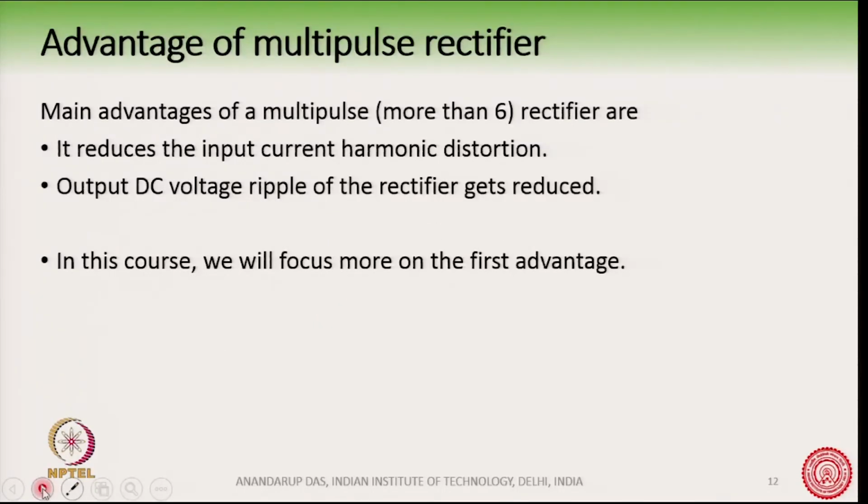Now, there are several strategies. We will talk about the multipulse rectifier, that is, more than 6 pulse rectifier, in reducing the harmonics. There are other techniques to mitigate harmonics, like active filters, but they are essentially components outside the converter.